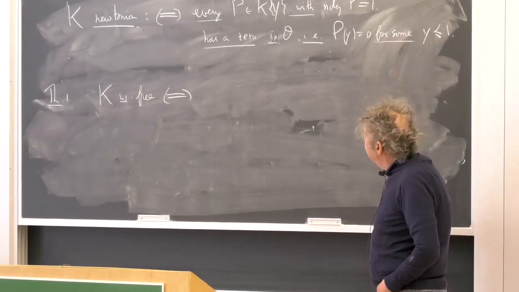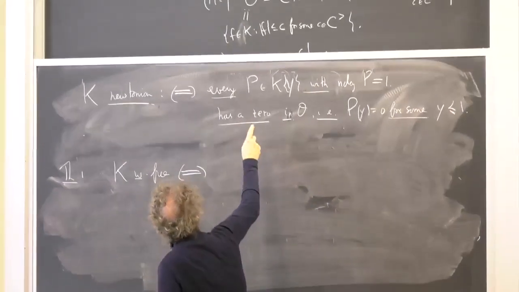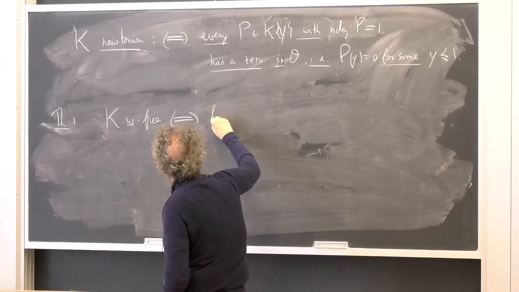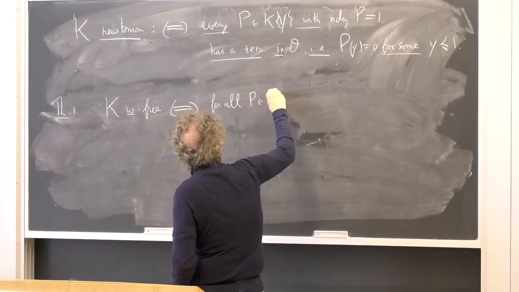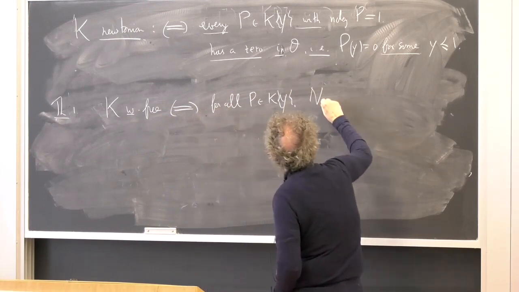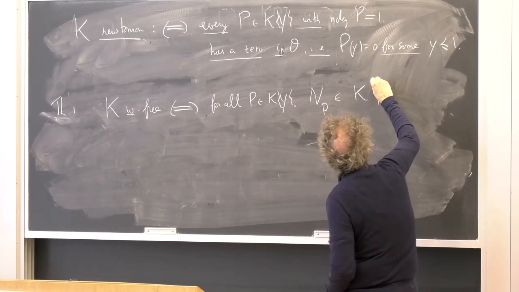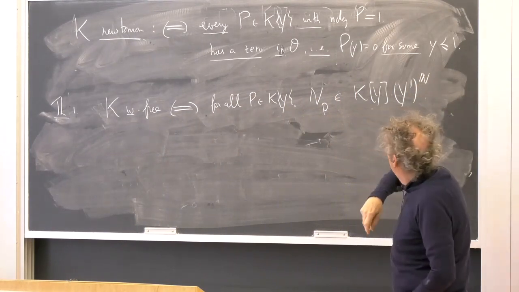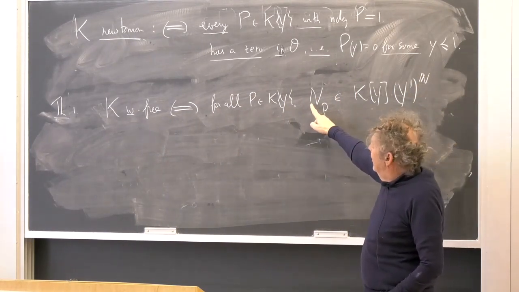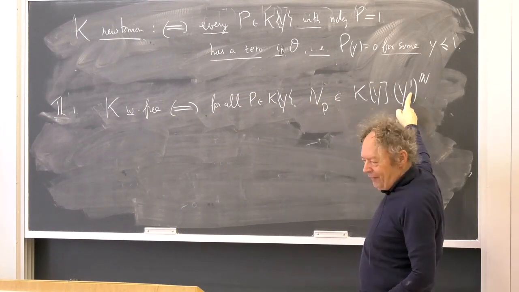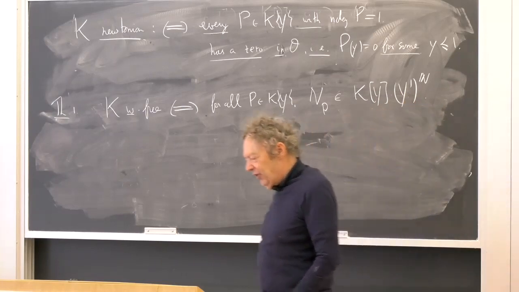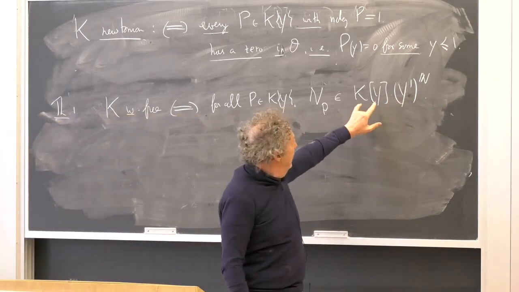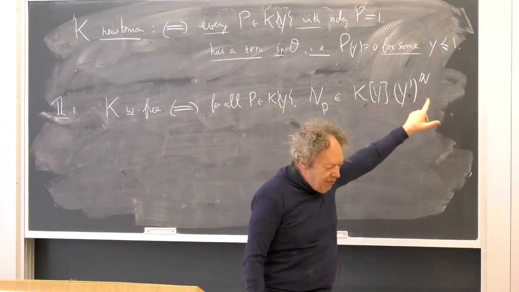K is omega-free is equivalent to the Newton polynomial being of a very special form for all P in K{Y}. Its Newton polynomial is an ordinary polynomial times a power of y prime. See how remarkable this is: the Newton polynomial does not involve higher derivatives. The only derivative that it involves is y prime. There is no y double prime, and it appears in a very special form, namely an ordinary polynomial in y times a power of y prime.